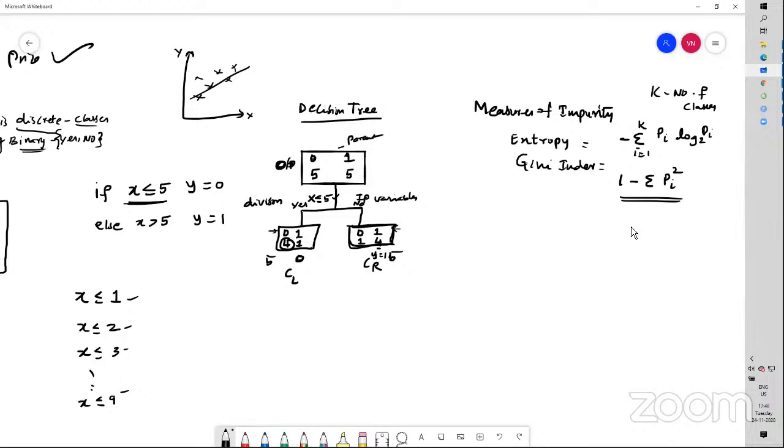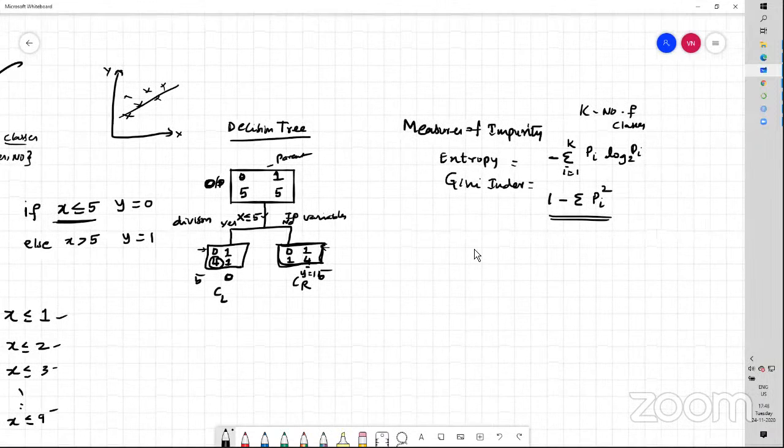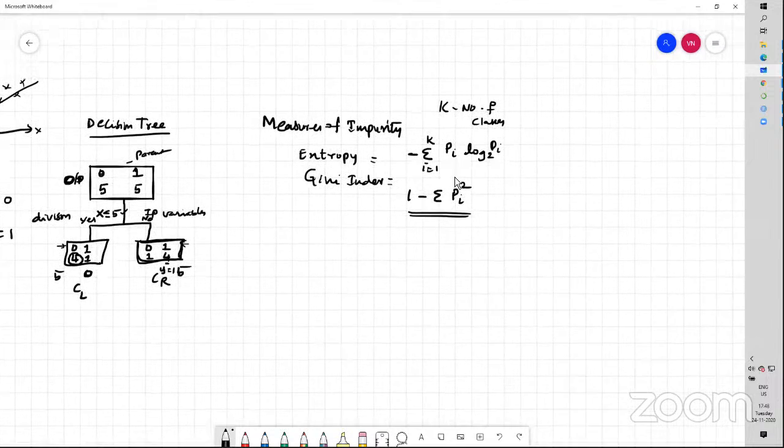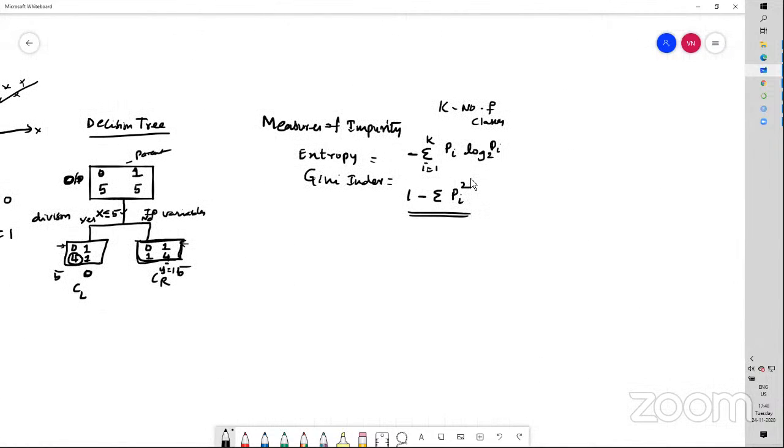I'll show you a simple example to represent how Gini and entropy work. Let's say we have a node like this, with 5 observations that belong to the No class and 5 observations that belong to the S class. What is the Gini and entropy of this node? Let's first compute the entropy.